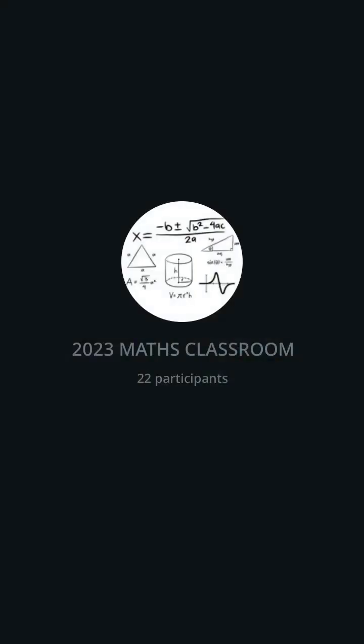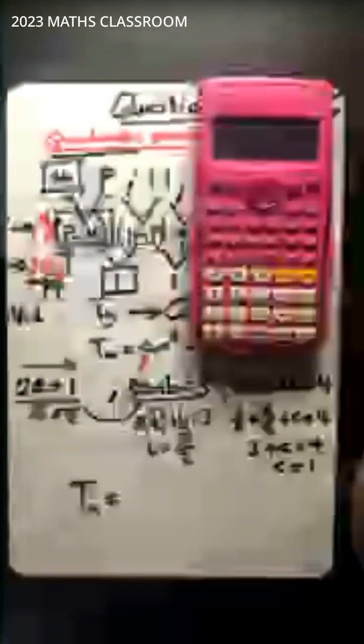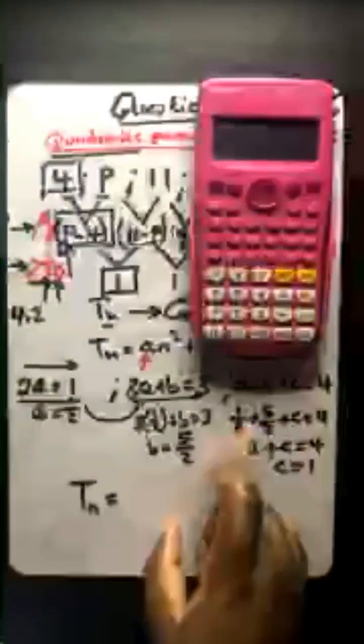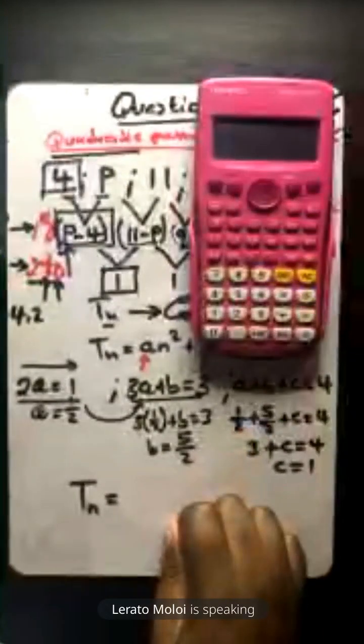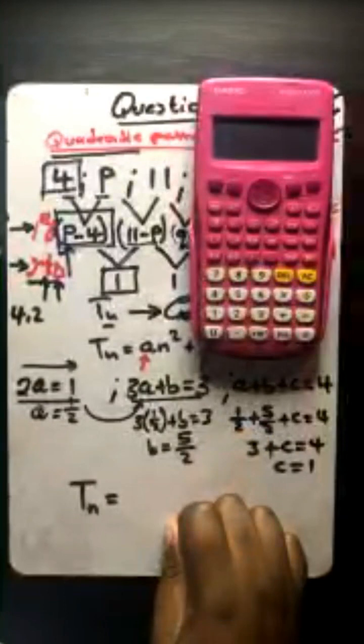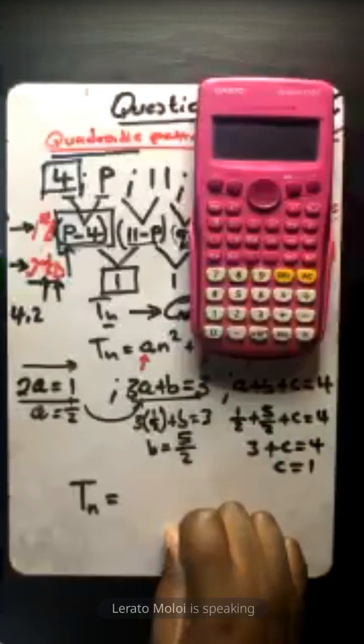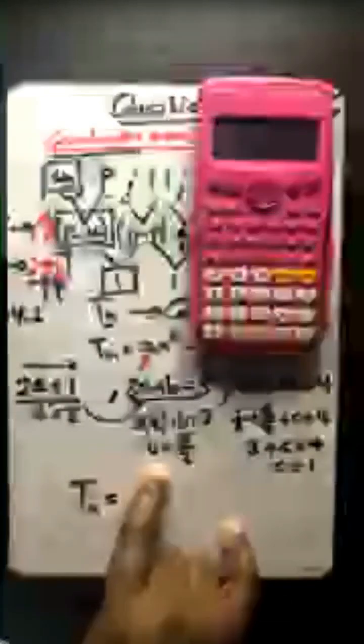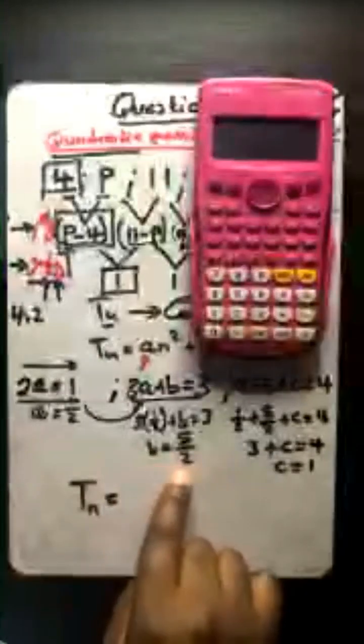Why am I getting 3? Because this is half, this is 2.5. So let's start where we were calculating the value of B. Maybe I made a mistake there. The B is the one that is wrong. Yes, sir, she's correct. This is where I made a mistake.